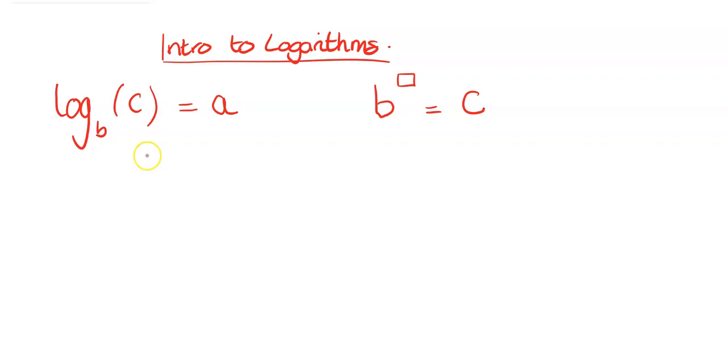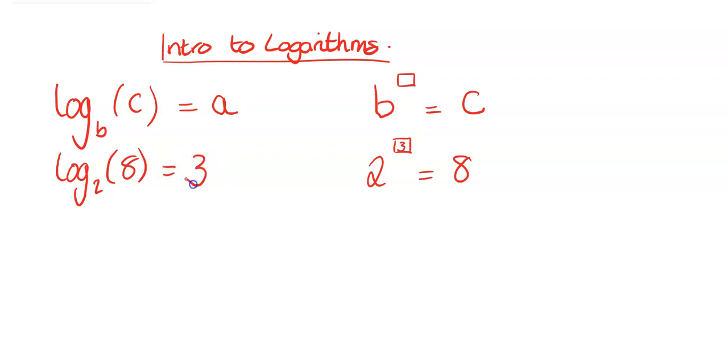For example, log to base 2 of 8 would be: 2 to the power of what gives me 8? Well, we know 2 to the power of 3 gives us 8, so my answer would be 3.